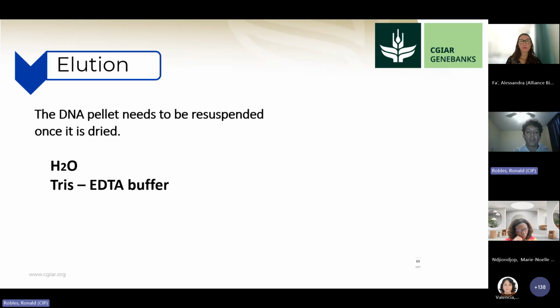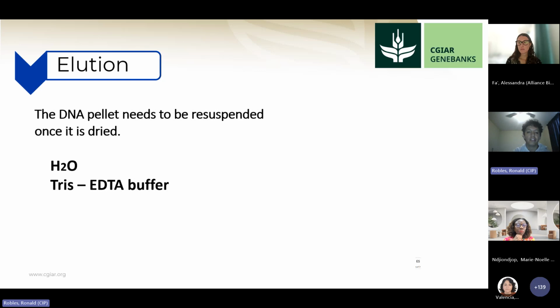But at the very beginning, what we need to do is not rely on a specific protocol for our sample, but also consider which are the samples, how the samples will be chosen, and how the samples will be stored and maintained until the moment of the DNA extraction.